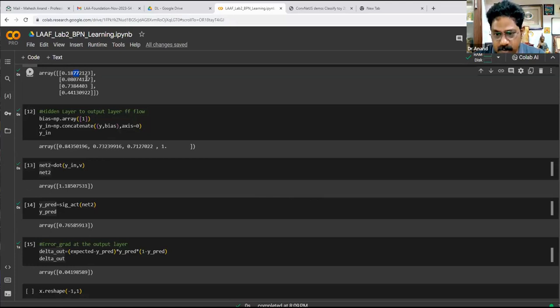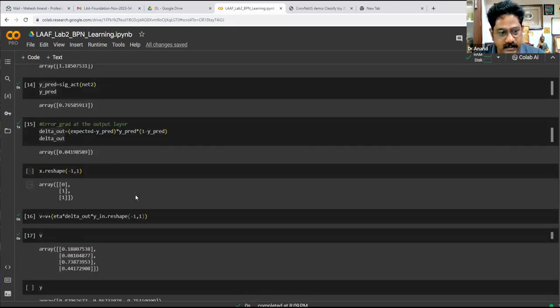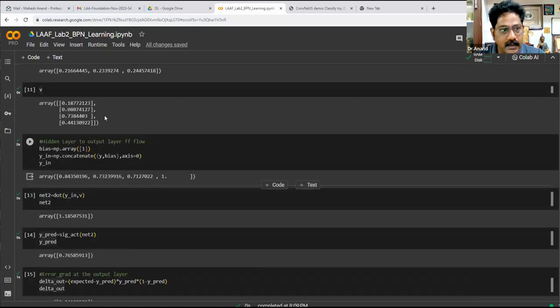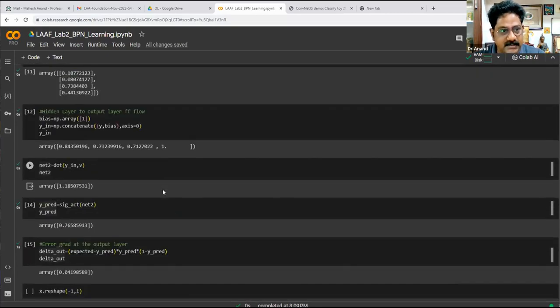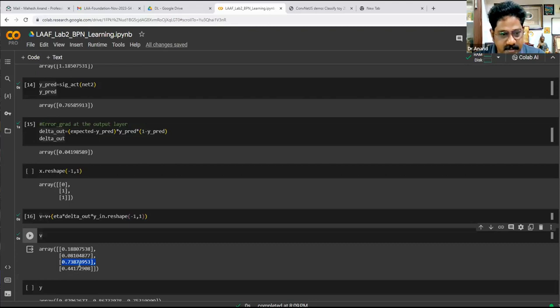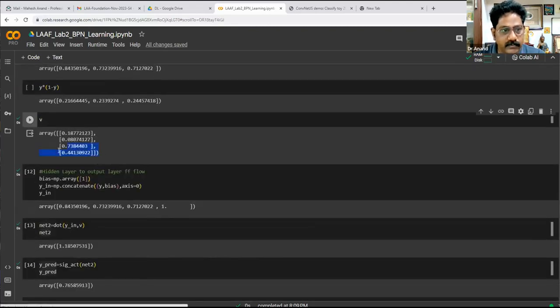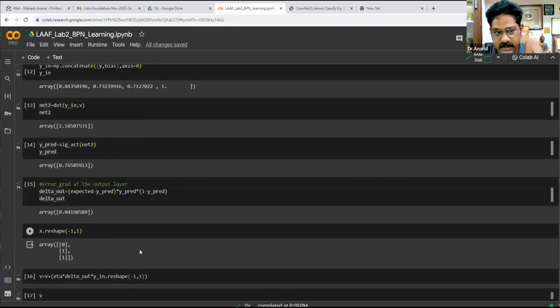How is a slow change going to impact the overall error? Look at the second weight, 0.0807 turns to 0.0810. Then V3, 0.738, only in the fourth decimal place I guess changes. 7384 changes to 7387. 4413 changes to 4417.